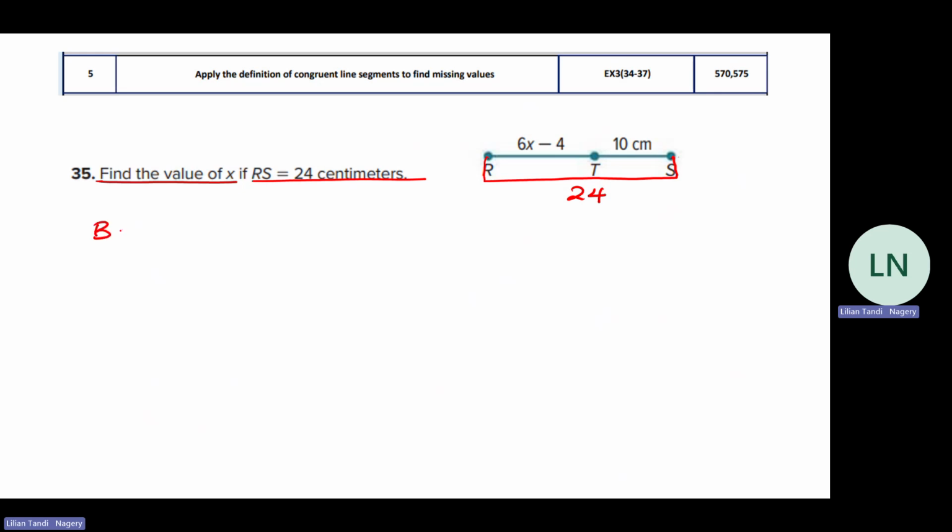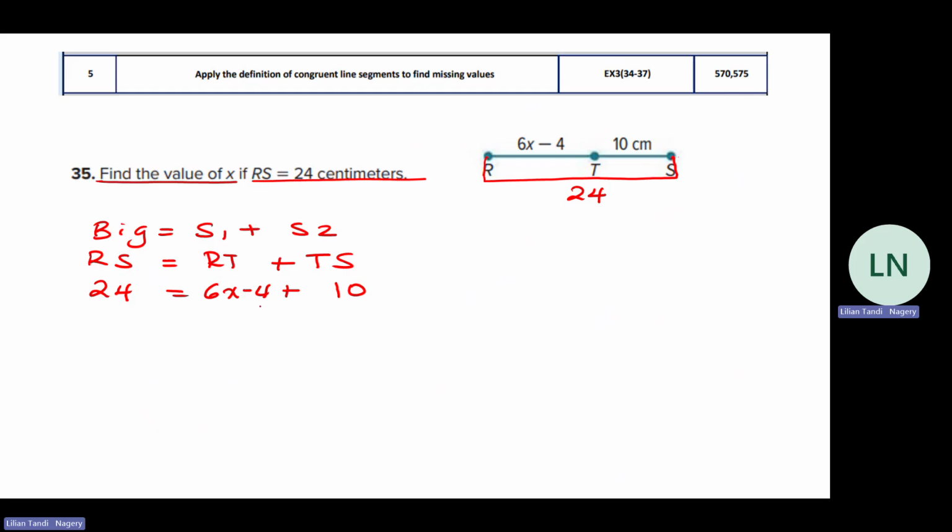So big equals small 1 plus small 2. Big is RS, which is 24. Small 1 is RT, which is 6x minus 4, plus TS, which is 10 centimeter.